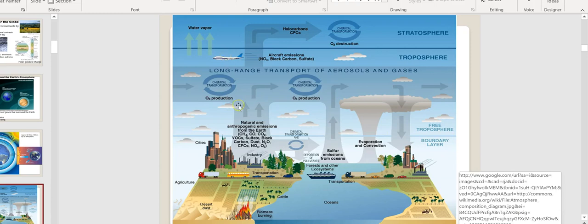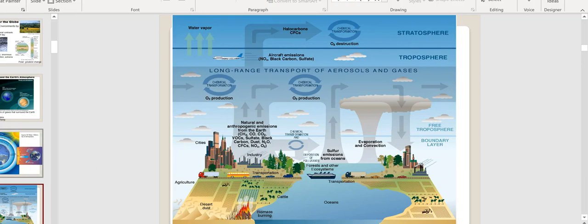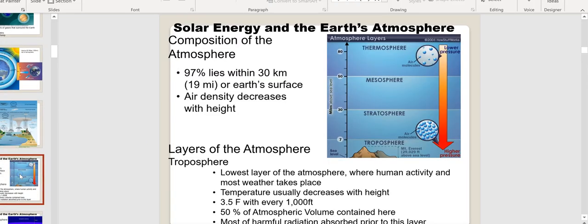Air travel and most weather occurs in the troposphere. There is some weather that will leak into the tropopause and into the stratosphere, but water vapor does continue to rise from the troposphere into the stratosphere as well. And we'll talk about one of the important reasons for the stratosphere in just a minute.